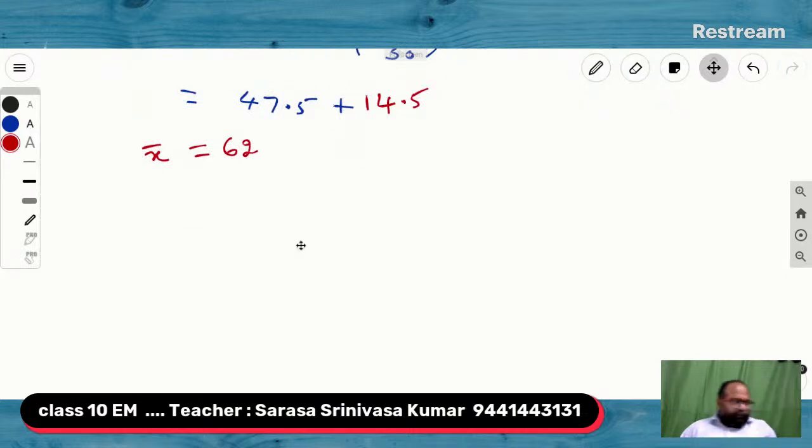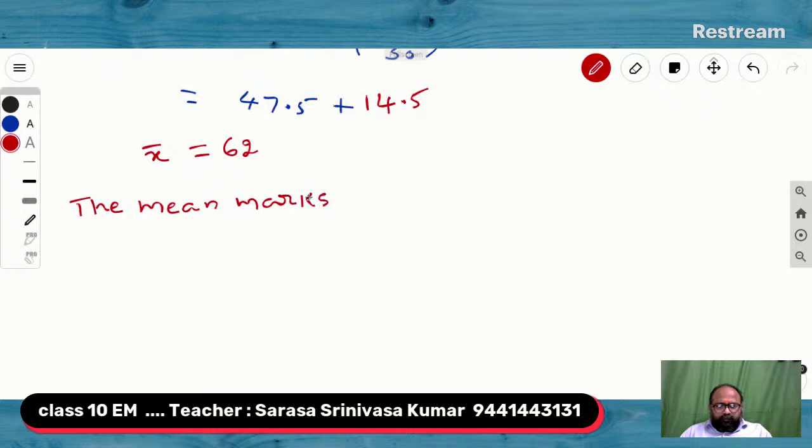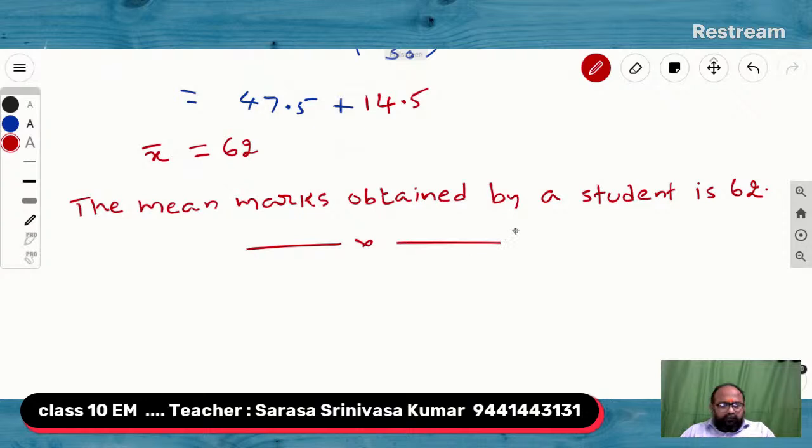We can write the mean marks obtained by a student is 62. So this is how we find the arithmetic mean by step deviation method.